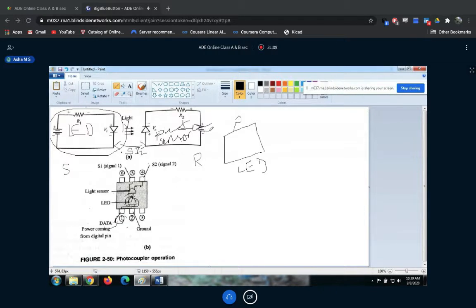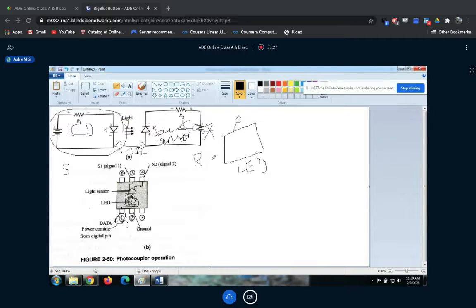Am I clear? This is how it works. If you don't apply power to pin number 1, then the LED will be off and doesn't emit any light, the photo sensor doesn't detect the light, and the output voltage is not produced.